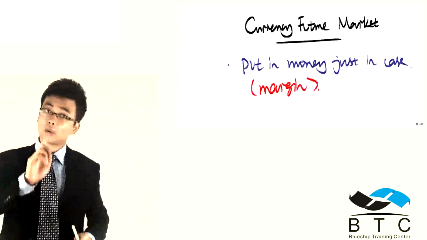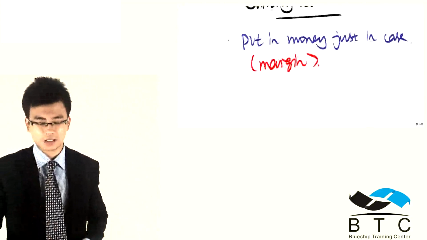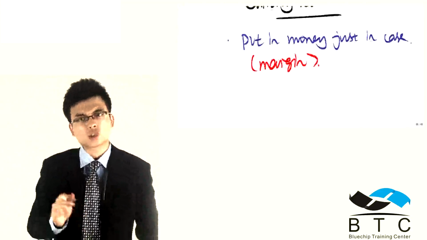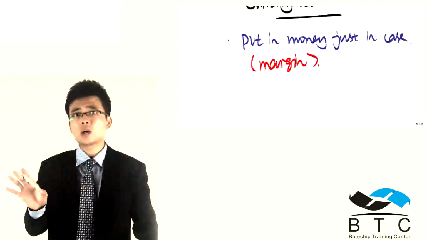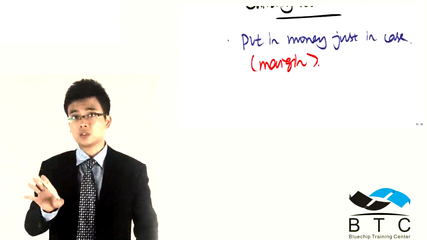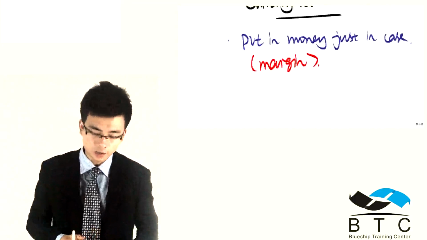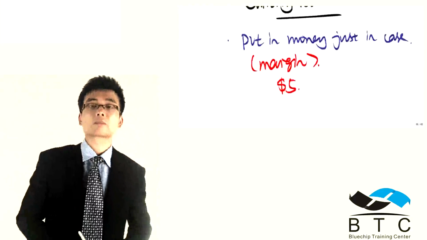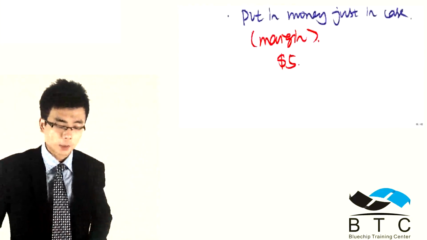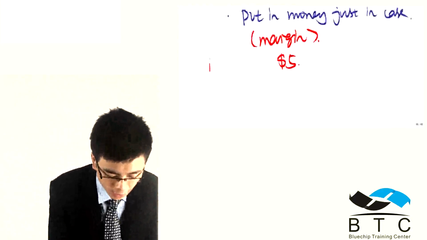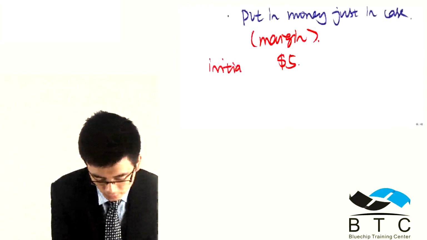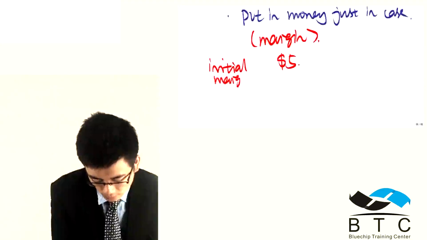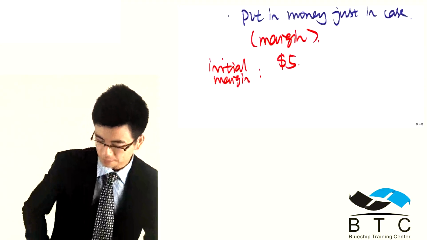So the exchange will require you to put in, let's say, 2% of the total transaction you're going to enter into. For example, let's say it is $5, which will be the initial margin.